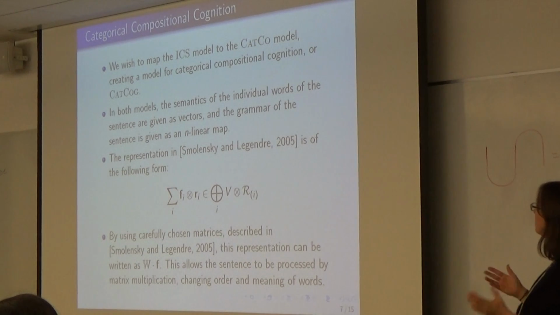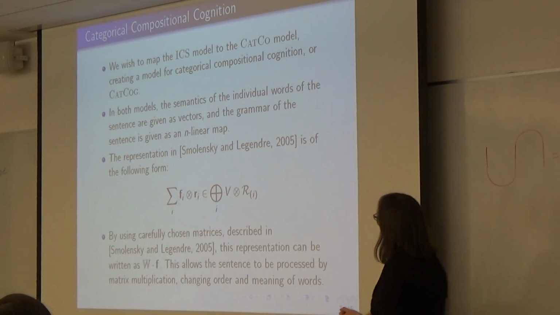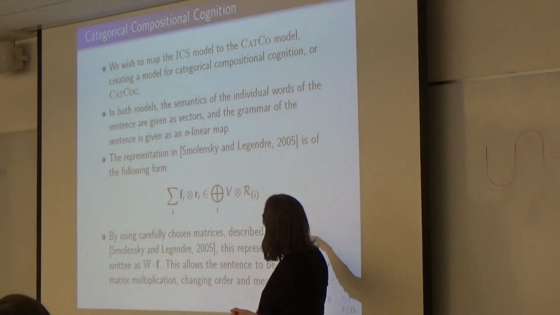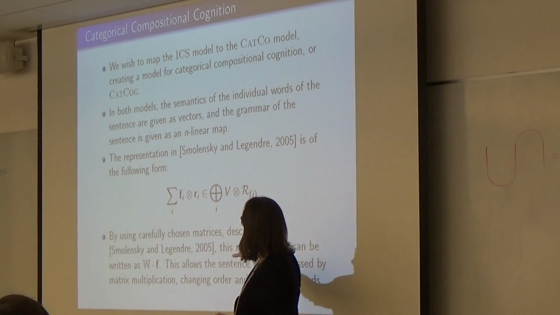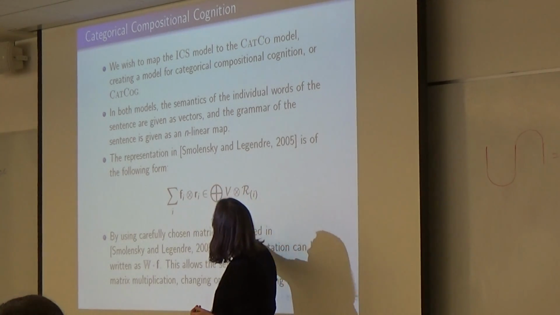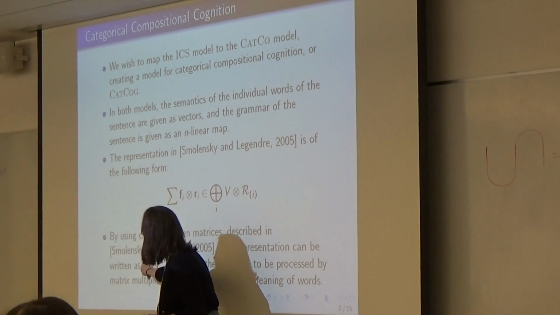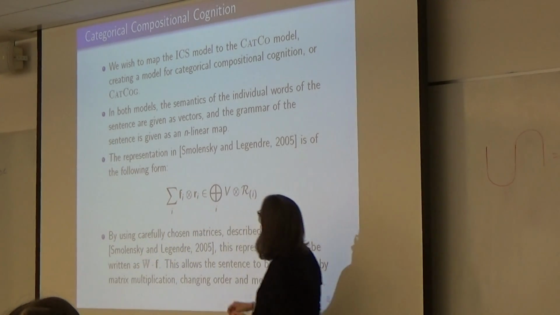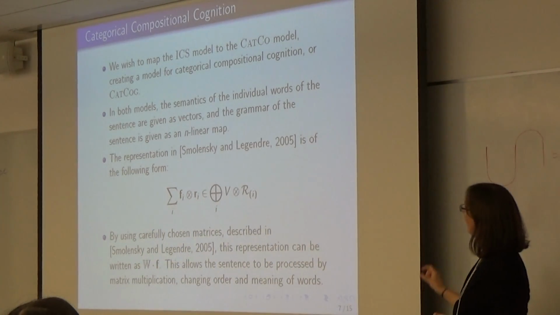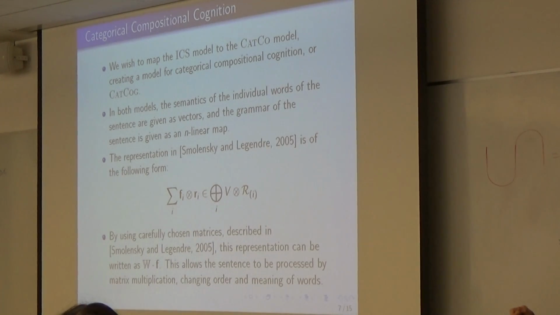So there should be some sort of mapping between the two. In Smolensky's book, this representation can be written as some kind of matrix multiplication times a direct sum of filler vectors.